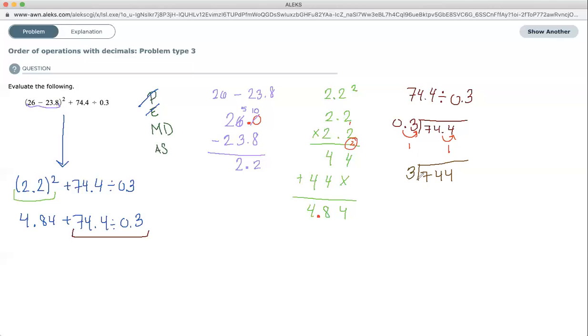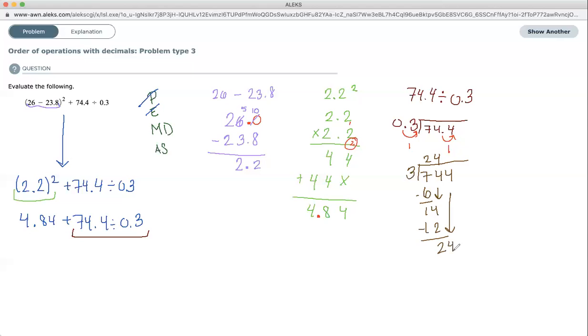So when I proceed with this division, 3 goes into 7 2 times. 3 times 2 is 6. When I subtract, I get 1. I'll bring down the 4. 3 goes into 14 4 times. 3 times 4 is 12. When I subtract, I get 2, and I have another digit to bring down.